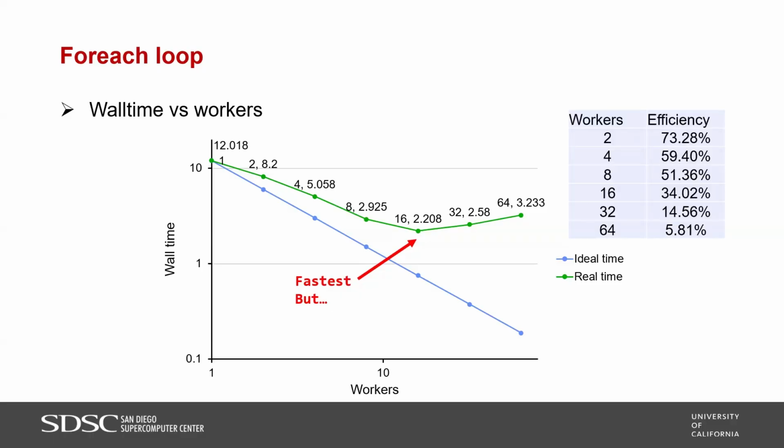So if you then look at the efficiency of each case by varying the workers, you will see that maybe the efficiency is reduced a lot when you go from 8 to 16. Sometimes maybe you just want to choose to use fewer workers for higher efficiency.